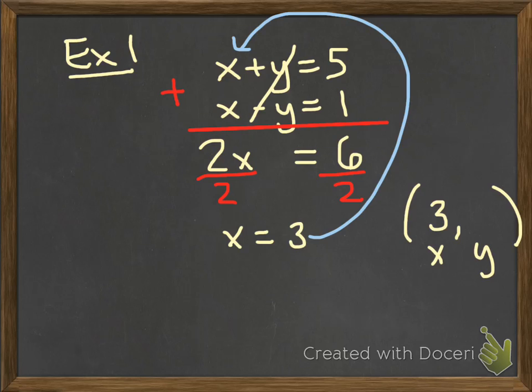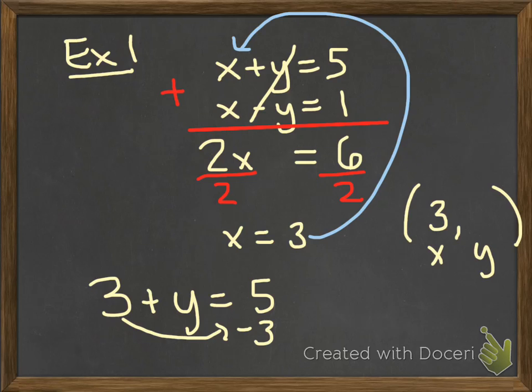Okay, and then we're going to solve for y. So 3 plus y equals 5. Subtract 3, and you get y equals 2. So the y coordinate is 2. So the point of intersection for these two lines is at 3, 2.